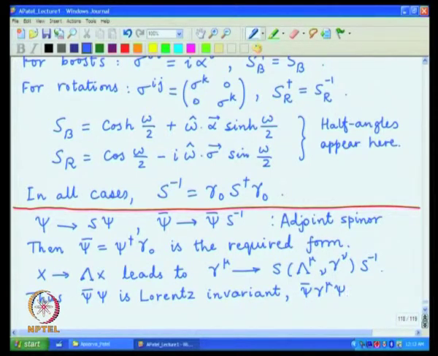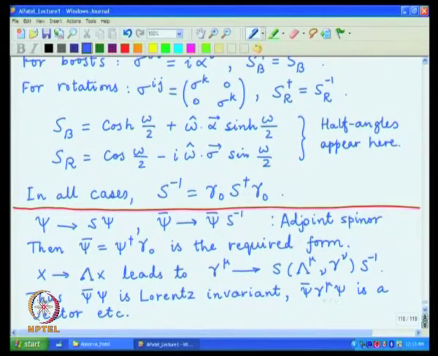In this combination, under a Lorentz transformation, the factors of S completely cancel out, only the lambda remains, and lambda just transforms space time coordinates. So, this is a vector, and one can go further in this kind of construction.